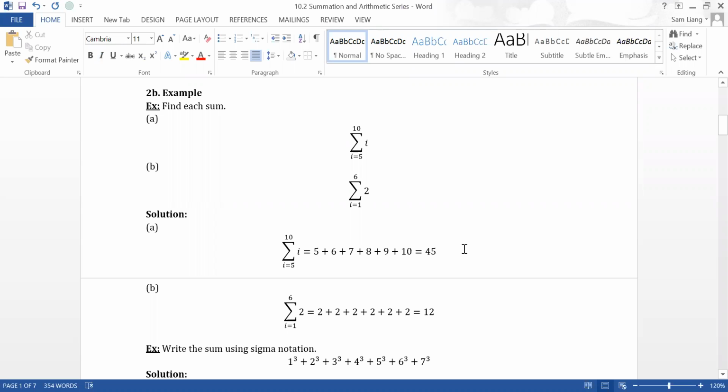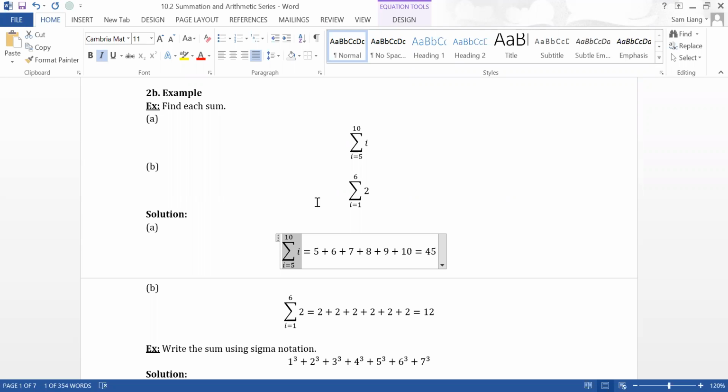Conceptually speaking, this is not a difficult concept. It's just a matter of getting used to the notation. Mathematicians, rather than having to write 5 to 10, can just write this, which is quicker. It would save time if you go through a larger range. 5 to 10 might be pretty quick to write, but if you're writing 1 to 1,000, you don't want to write that.